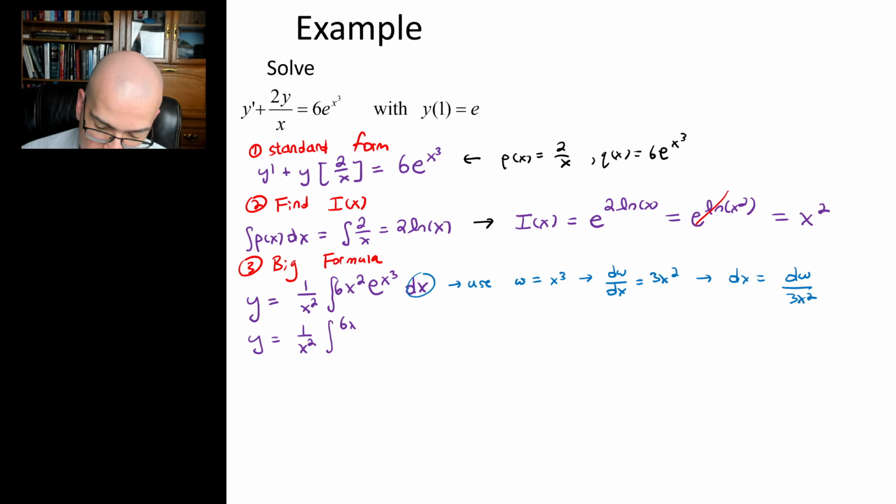So we have a 6x squared e to the w, and then the dx gets replaced by dw over 3x squared. You get the x squared canceling top and bottom. So 1 over x squared, and then we can bring the 2 out front. We have a 6 on top, 3 on the bottom, so a 2 can go out front. Integral of e to the w dw.